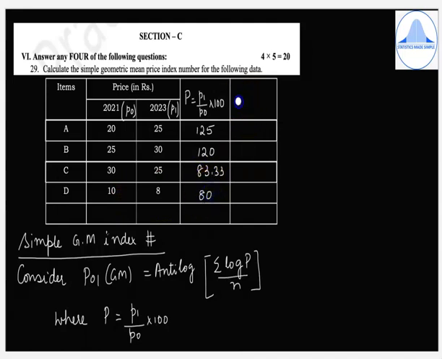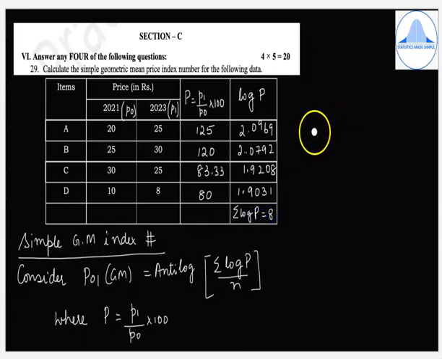Now in the next column, we have to find out log of the price relatives, that is log of 125, that is 2.0969. Next, similarly, we find out log of 120, which is 2.0792. Then next is 1.9208, 1.9031, and we get summation log P, this total as 8.